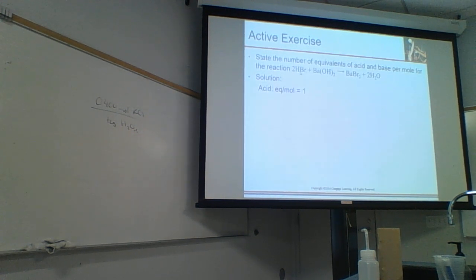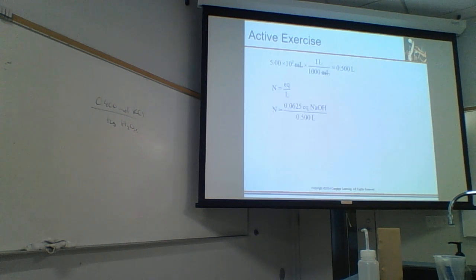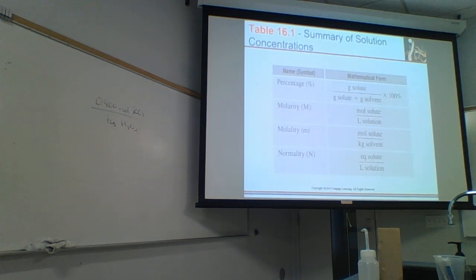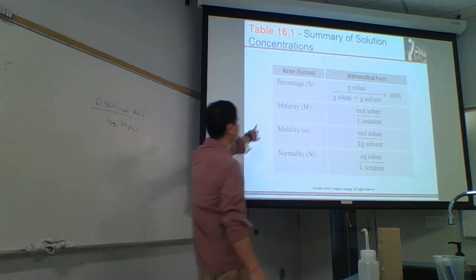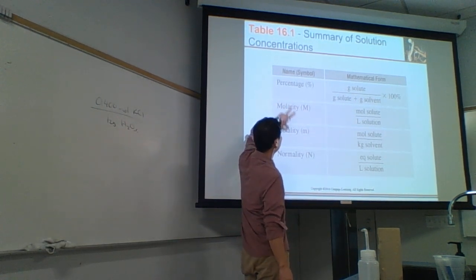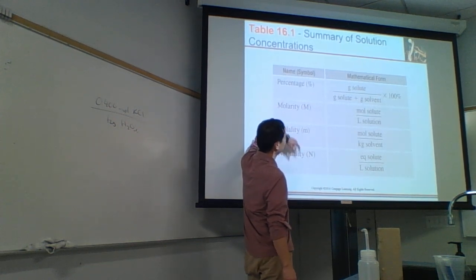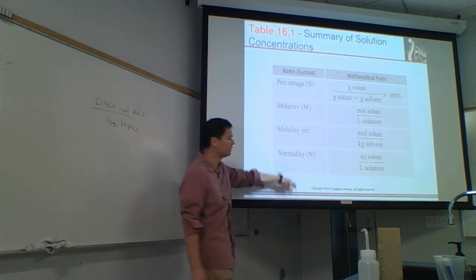For every 2 equivalents of acid, we need 1 equivalent of base. Something like that. Skip it. Might have gotten that reversed, but it doesn't matter. So we're going to just focus on molarity here, as well as percent and molality to a lesser extent.